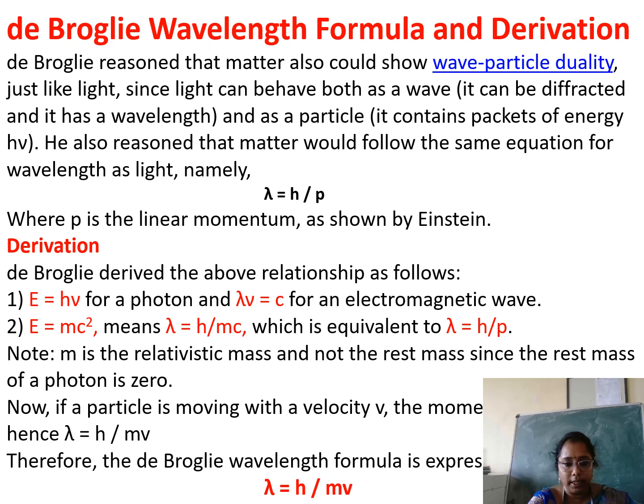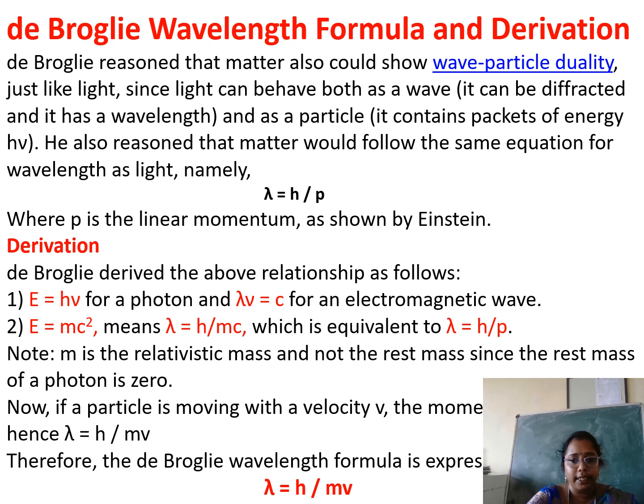According to Einstein's mass energy relation, E is equal to mc square, where m is mass and c is the velocity of light. Combining these two equations, we get h nu is equal to mc square, but nu is equal to c by lambda. Substituting that value, we get lambda is equal to h by mc, which is equivalent to h by p.